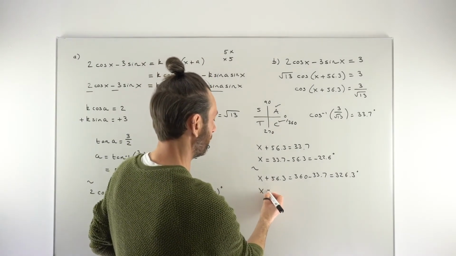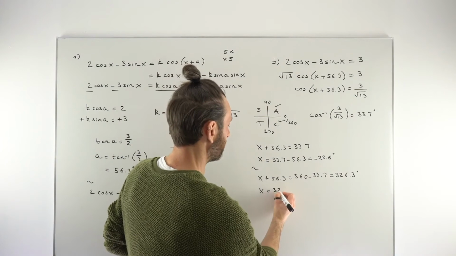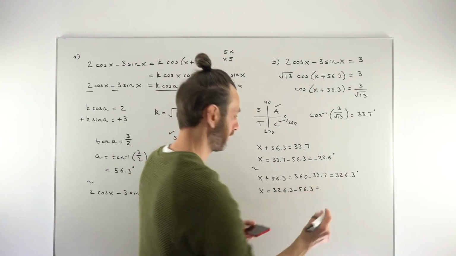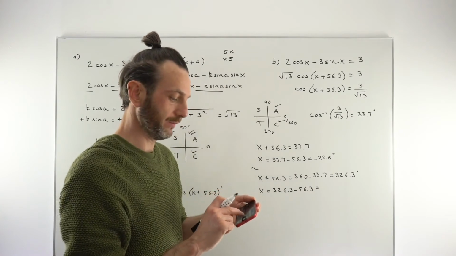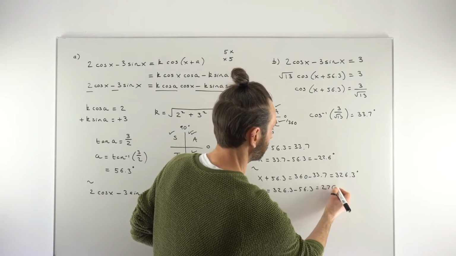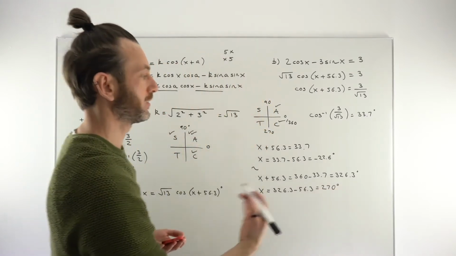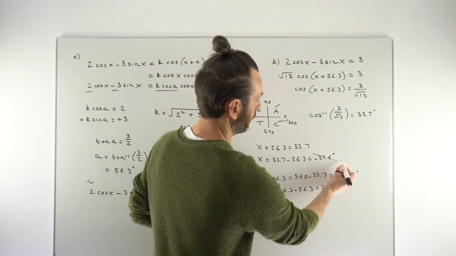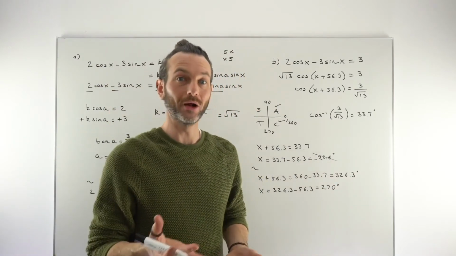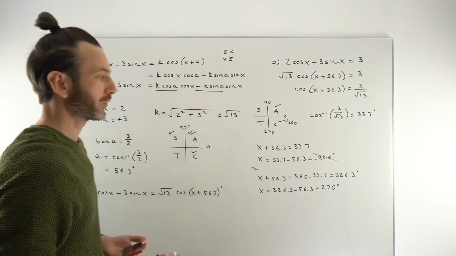So x is going to equal 326.3 minus 56.3. And just quickly check that. So minus 56.3. So it comes out to be 270 degrees. That is in the correct range. So that is going to be acceptable. This one, not so much. This one is okay. With these left to right shifts, you've got to think, are there any potential other solutions?